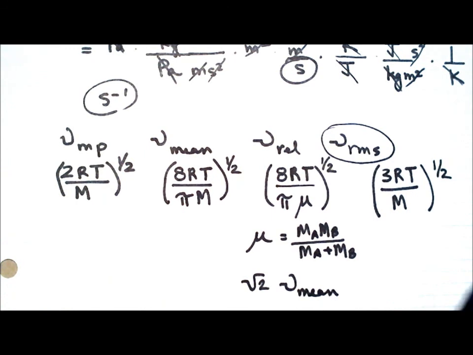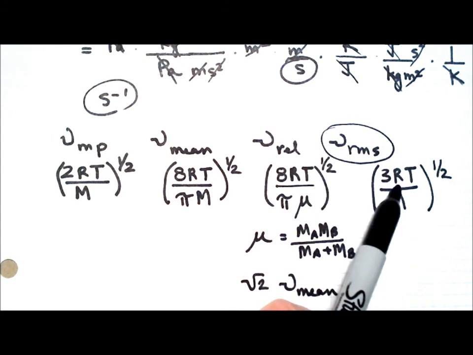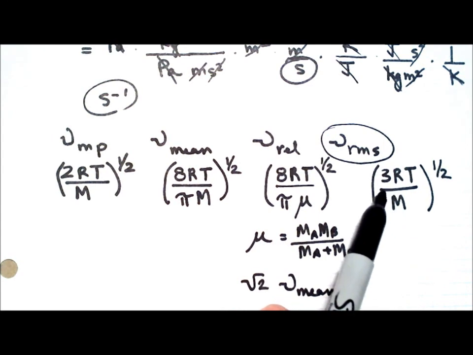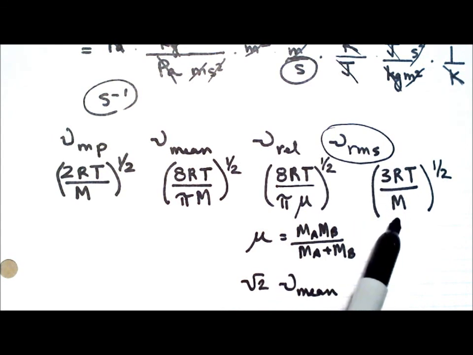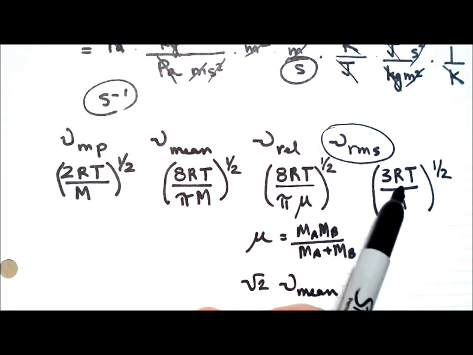And once again, you might see a formula with the Boltzmann constant k instead of R, in which case it would be 3kT over small m, mass per particle. But either way, this will be in kilograms units for the mass. So as it's written here, 3RT over M, 3 just a number, R 8.3145 joule per K mole.